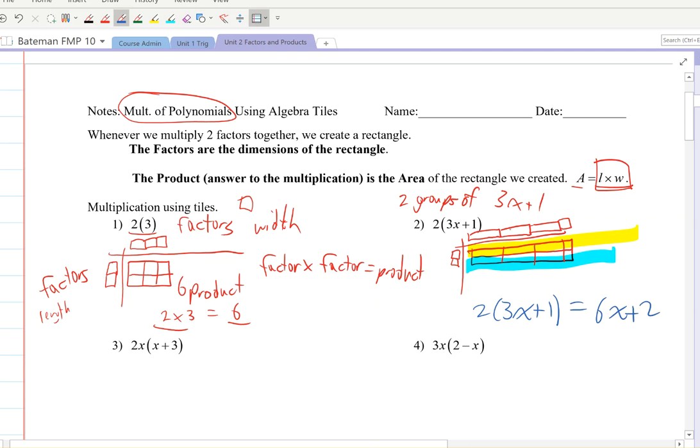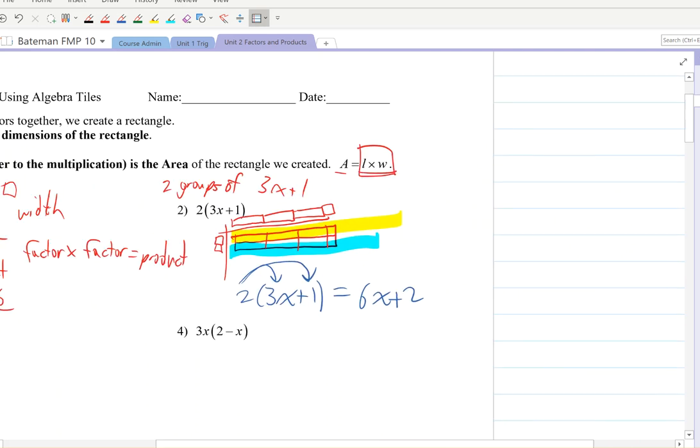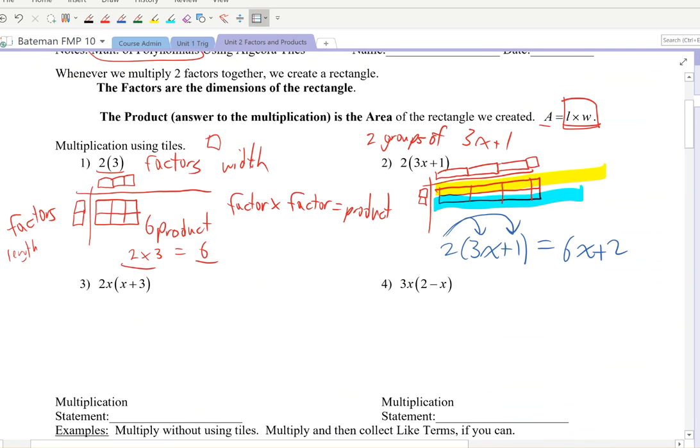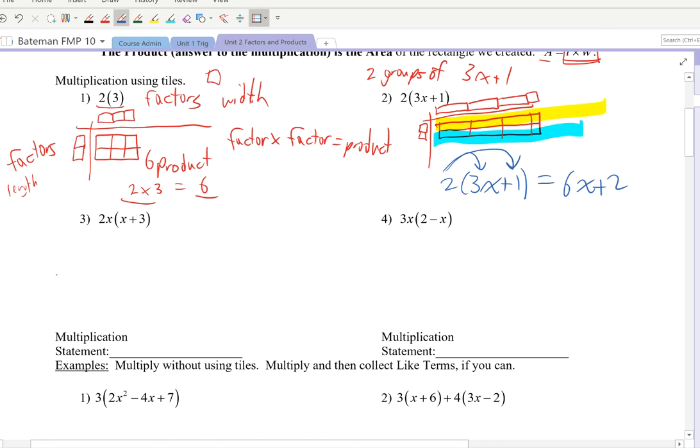So what we have is 2 groups of 3x and 2 groups of plus 1. And that is called the distribution rule. Okay, and so your distribution rule applies. Here we have 2x times x plus 3. So we have here 2x, 1, 2, and that's going to be multiplied by one group of x.